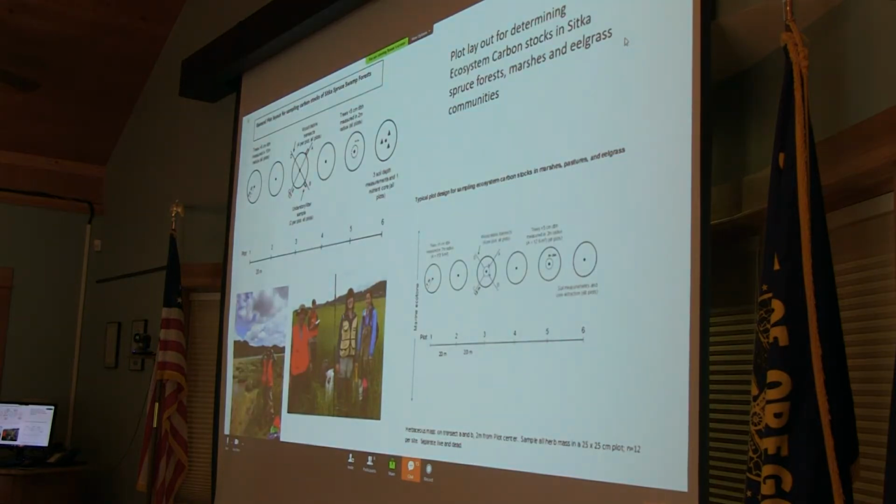Our methodology is an approach we've used very similarly throughout blue carbon ecosystems: marsh communities, other eelgrass communities, mangroves. We adapted that for the marshes in the Pacific Northwest and for the Sitka spruce forest. Basically it entails a transect that's 100 to 125 meters long, and every 20 meters we're sampling the ecosystem stock at that site.